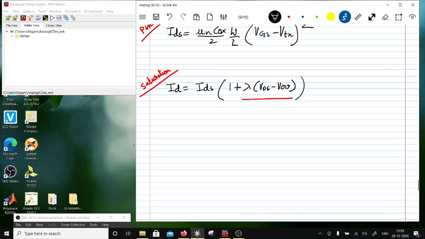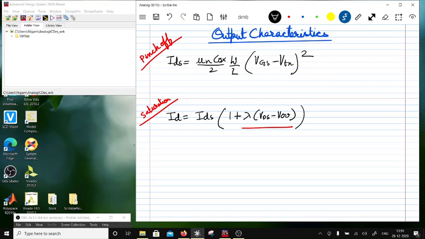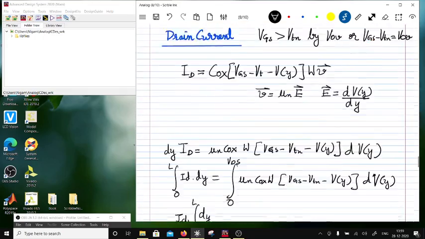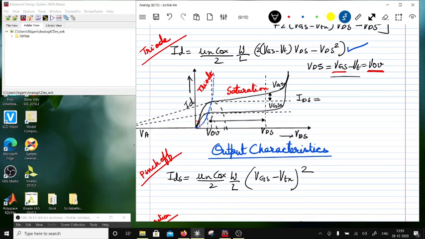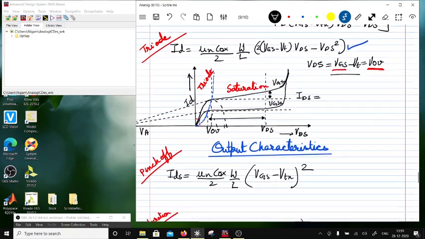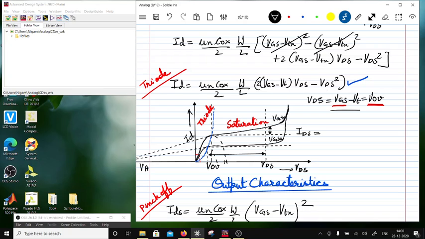So slope is a function of L. Also, the slope is a function of the current, or you can say VGS. For smaller currents or smaller values of VGS, the slope is less. For larger values of VGS, the slope is more. So with that into account, we can say that the output impedance is the reverse of this slope.